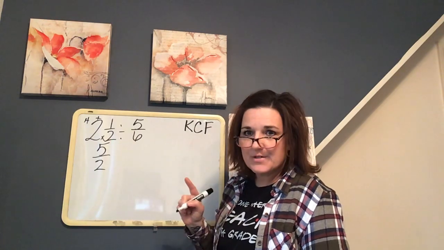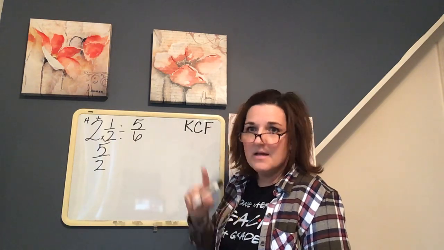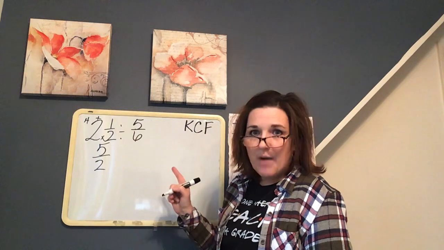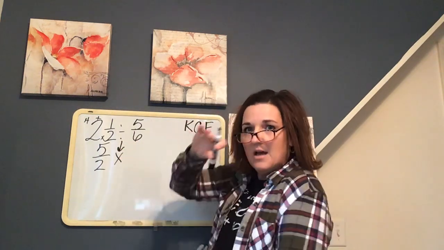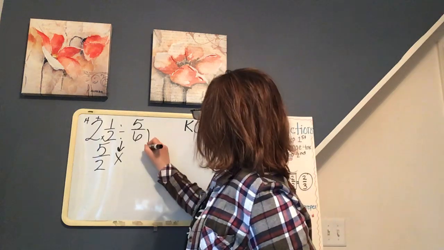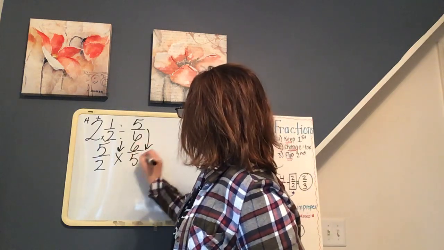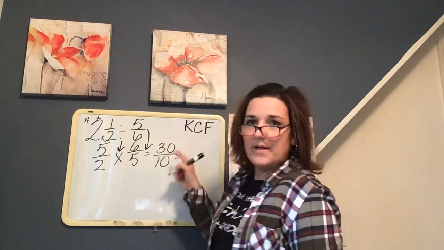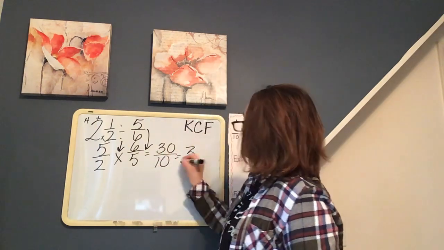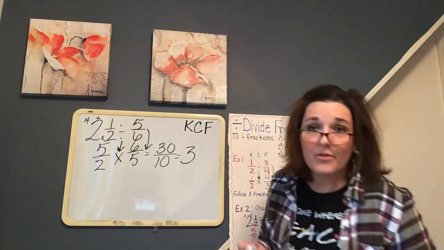We don't flip the first, right? We flip the second. So that is going to be an improper. Change your sign, flip your second. Ooh, that's gonna come out evenly. Loving that. And we get 3.